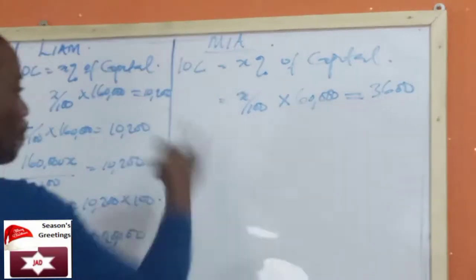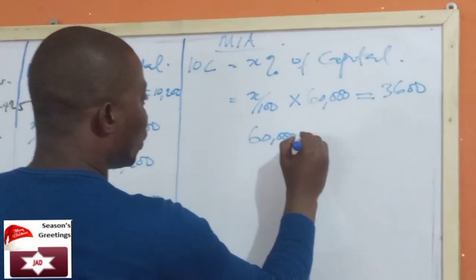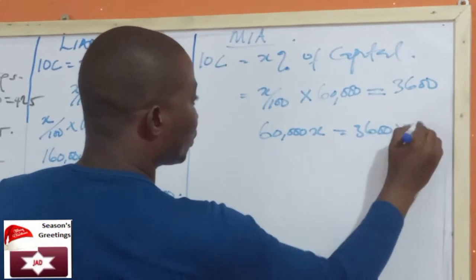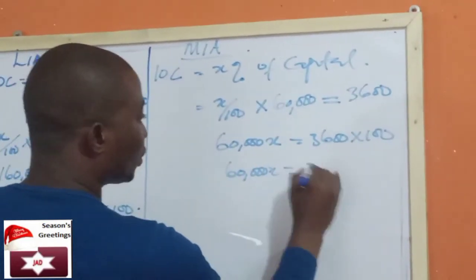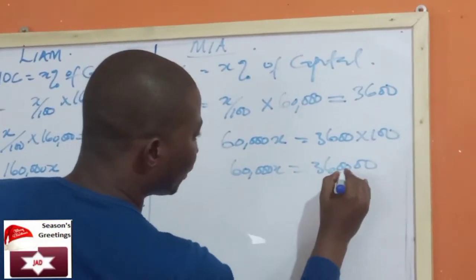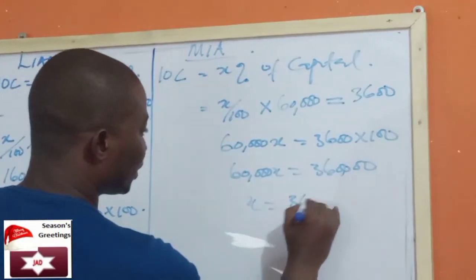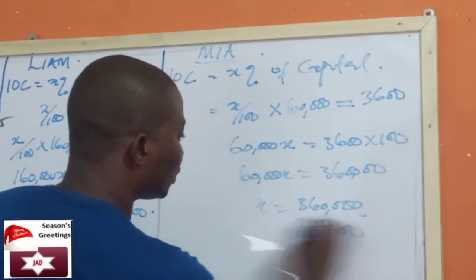So basically, we have 60,000 X equal to 3,600 times 100. So 60,000 X will be equal to 360,000. So X will be equal to $360,000 over $60,000 there.